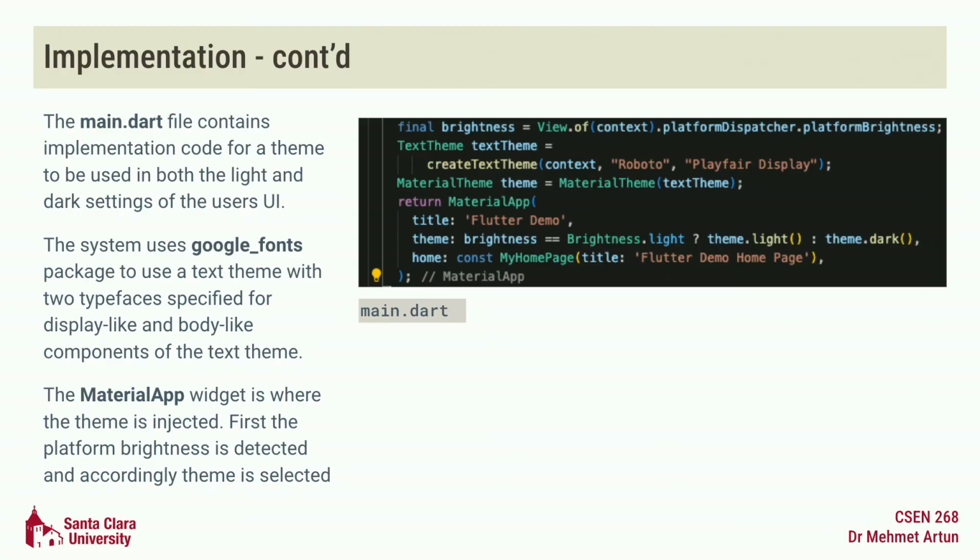Otherwise, you use that theme, and the material app requires the title of the app, the theme that you're going to use, and then what is the home page? Where should I just go first? The home page is basically the screen where you will show some stuff.